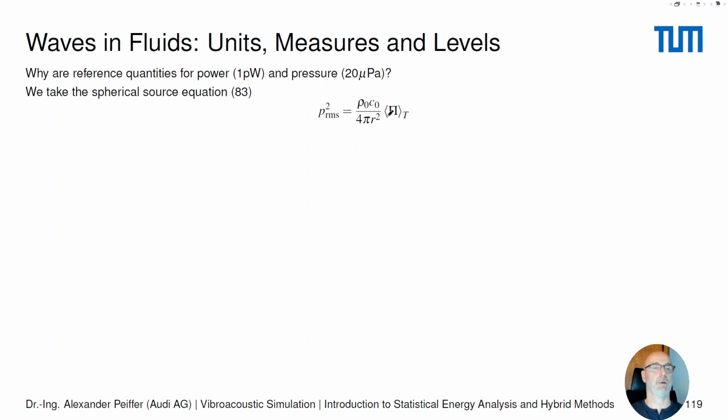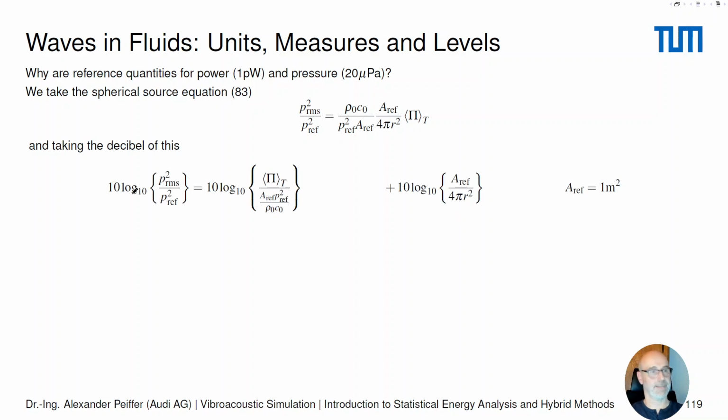This power radiation of a point source or spherical source, and the root mean square pressure squared somewhere in the sound field is given by this equation. We modify this a little bit, so we divide it by the pressure reference value, and we add a reference surface area. This is just required to get the units correct, as you will later see.